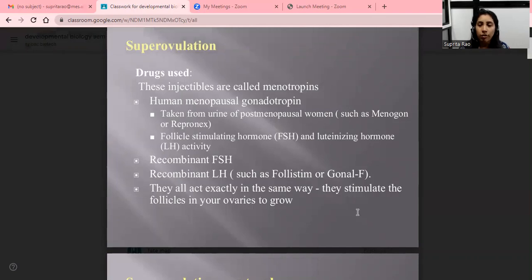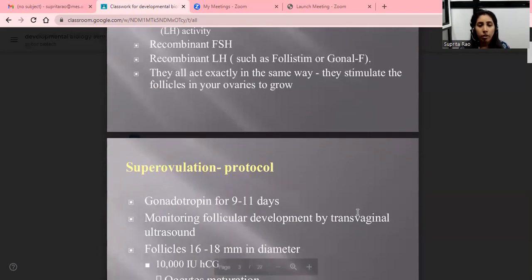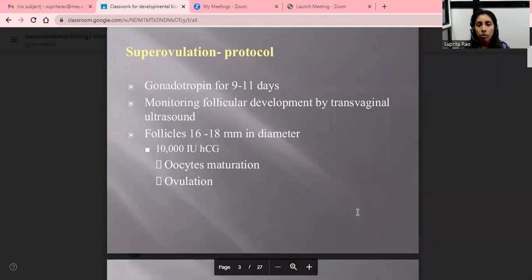We can also have recombinant FSH and recombinant luteinizing hormone, which is produced by recombinant techniques.